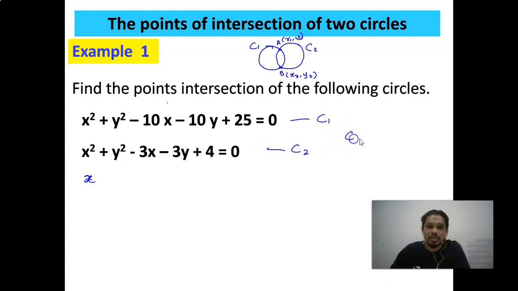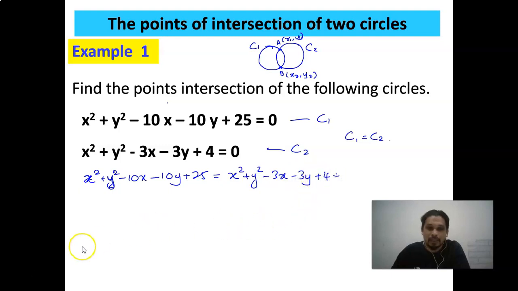So we come up with the conclusion that C1 equals C2, because the coordinates of A and B are owned by both of the circles. So x squared plus y squared minus 10x minus 10y plus 25, equal to the second equation of C2, x squared plus y squared minus 3x minus 3y plus 4.